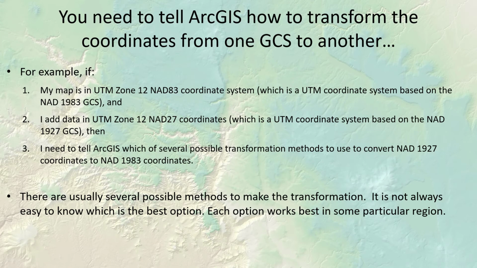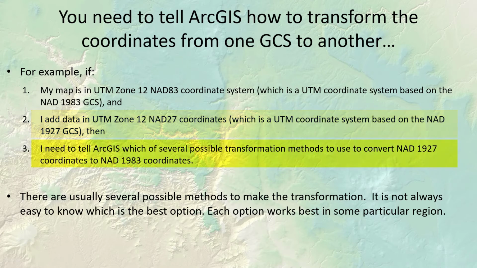Now, for example, here we have a scenario. Your map is in UTM Zone 12, and this UTM Zone 12 is projected out from NAD 83, the North American Datum 1983 geographic coordinate system. Now you have data that's also in UTM Zone 12, but your data is projected from the North American Datum 1927 geographic coordinate system.